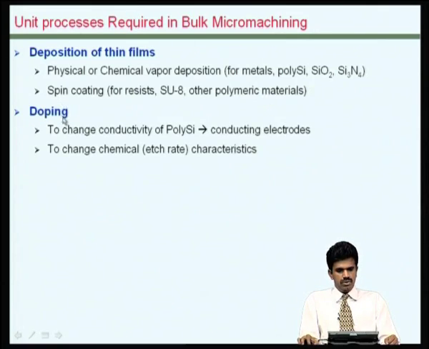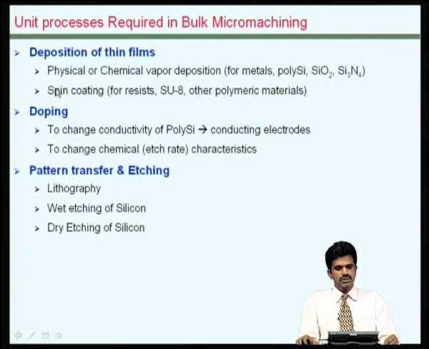It may involve doping, as you will see later, to change the conductivity and the chemical activity of various layers. It would involve pattern transfer and etching. Etching could be done using wet chemicals or even be done in the dry phase. We will see many of these as we go by.